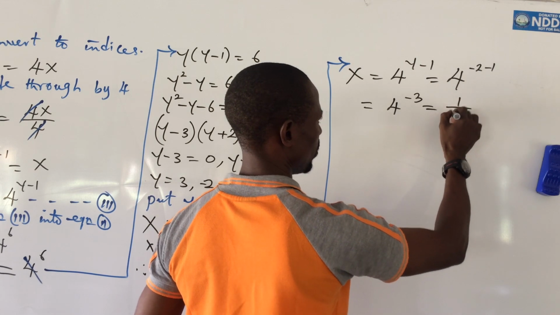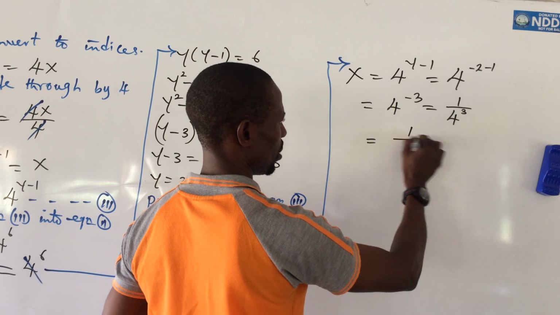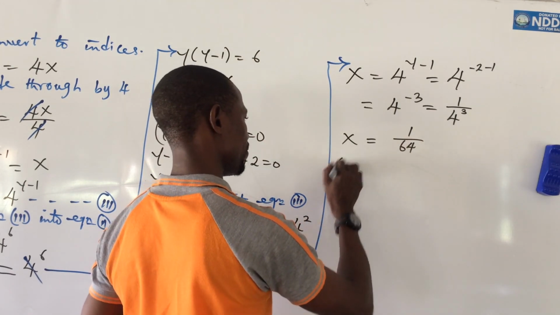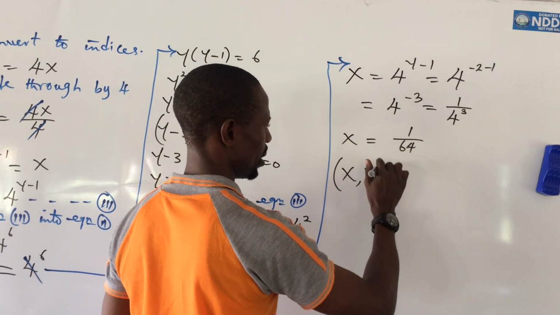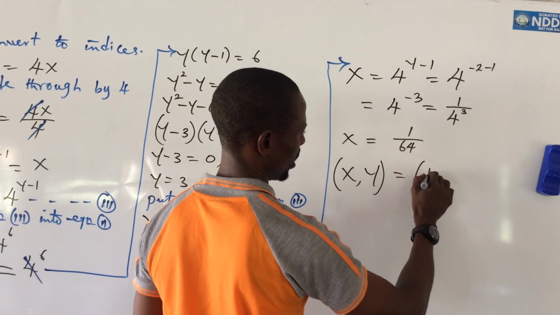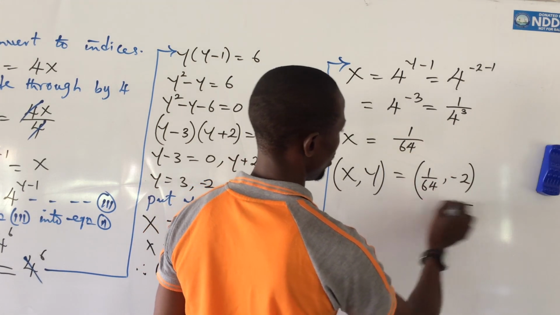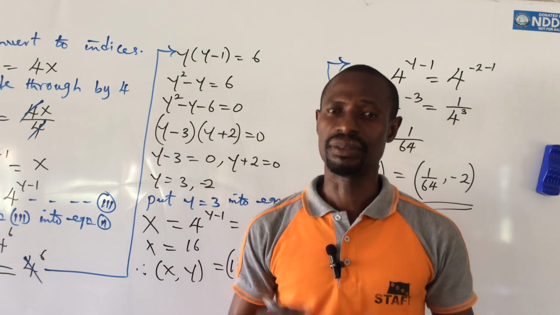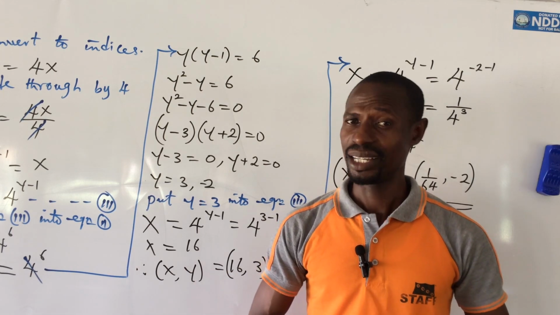So we have 1 all over 4 to the power of 3, which is 1 all over 64. This is our x. Therefore, the second case, x comma y, is equal to 1 all over 64 comma minus 2. So these are some of the methods we can apply in solving this exponential equation.